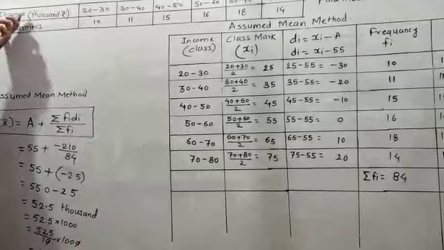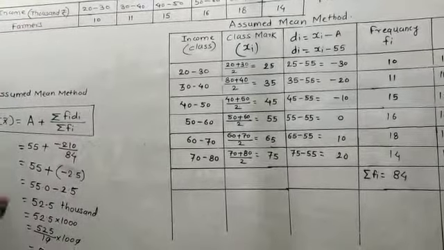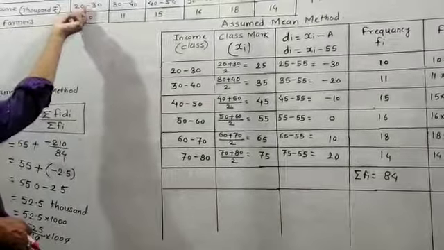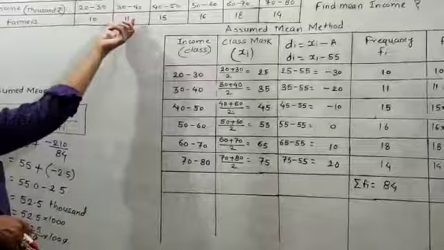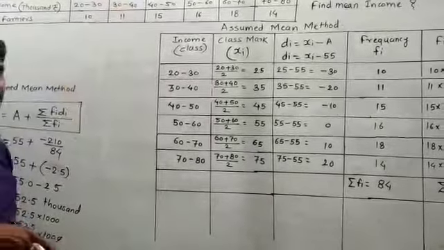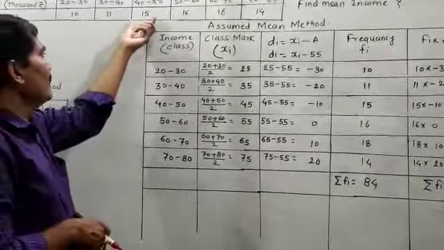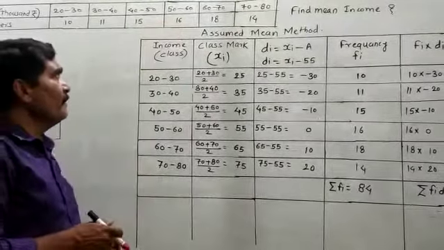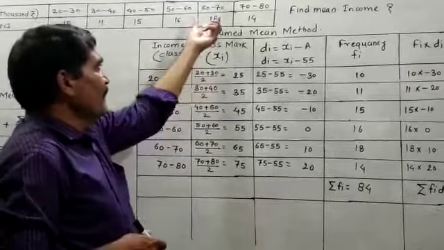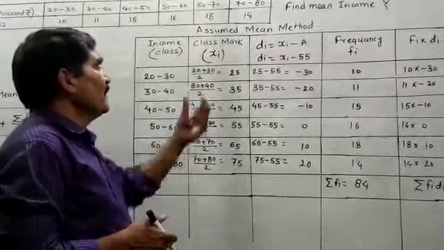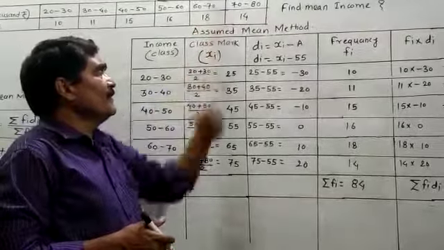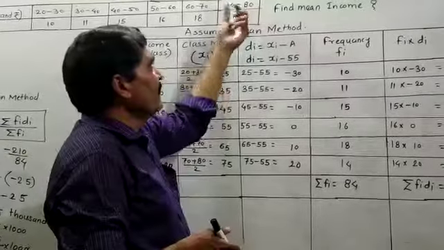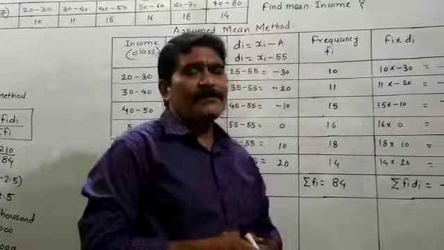The income is in 1000 rupees and the farmers are given. 10 farmers have the income between 20,000 and 30,000. 11 farmers have the income between 30,000 and 40,000. 15 farmers have the income between 40,000 and 50,000. 16 farmers have the income between 50,000 and 60,000. 18 farmers have the income between 60,000 and 70,000. 14 farmers have the income between 70,000 and 80,000. Find the mean income of the farmer.